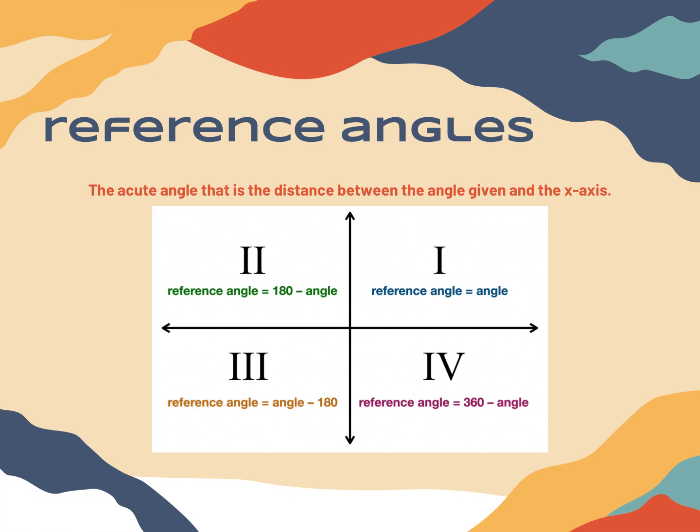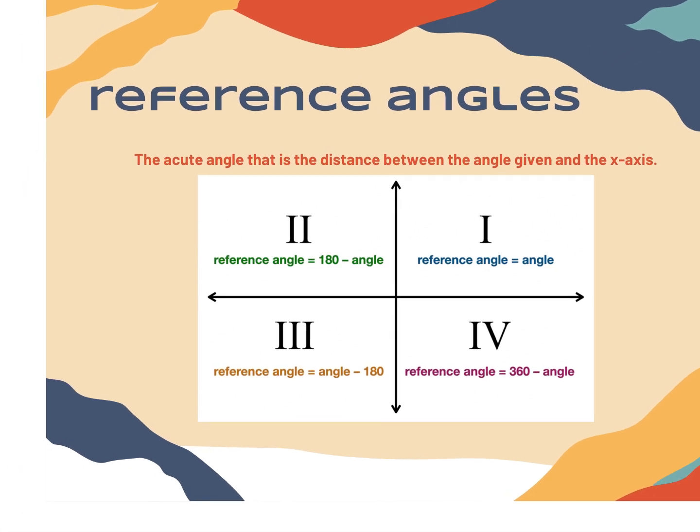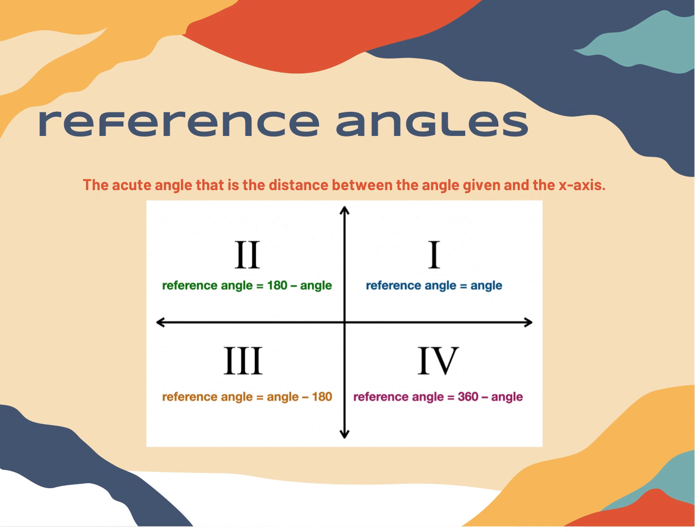So what we're going to be doing here is you'll find an angle. For example, let's say I have a 30-degree angle. So that's my theta. That's my reference angle. And then to find the angle that's located in quadrant 2, I'm going to take 180 and subtract that reference angle from 180.